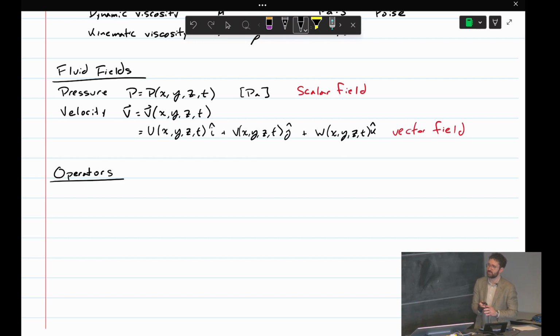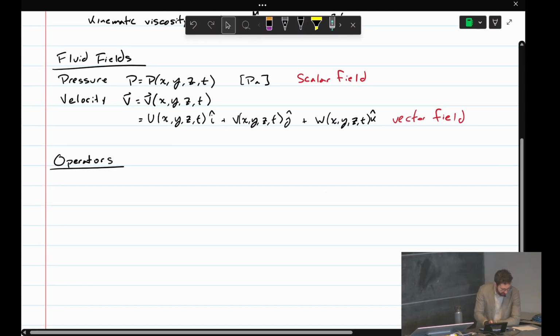Those are generally considered constants. And the language of the equations, the operations on these different fields, create different forces or represent different accelerations and things like that. So the operators are basically the language of the Navier-Stokes equations.